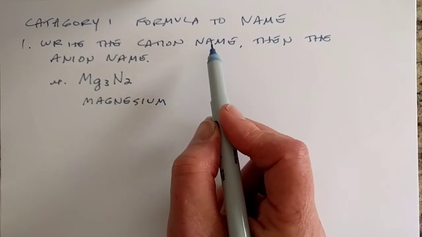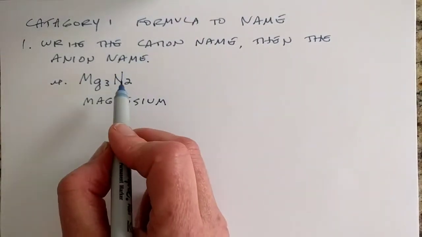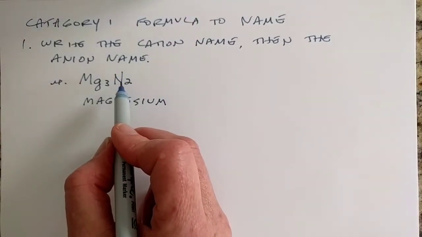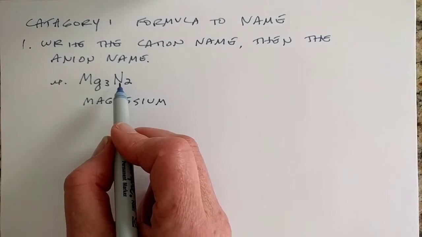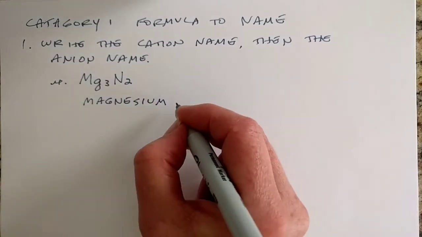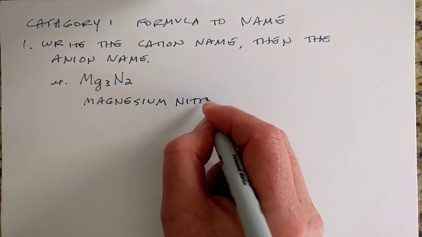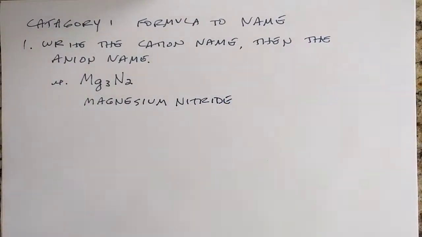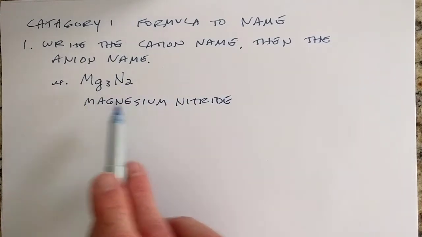So that's the cation name. Now let's write the anion name. So we have the nitrogen ion, and remember that our anions end in IDE, so nitrogen becomes nitride. And that is it. There's our answer, magnesium nitride.